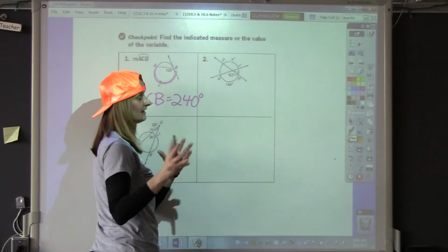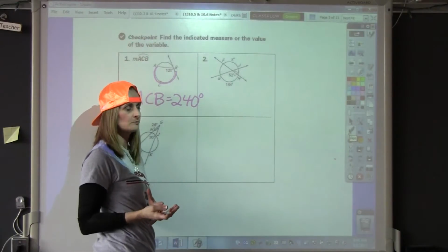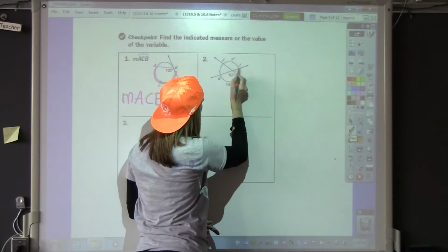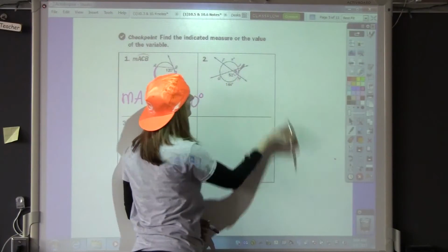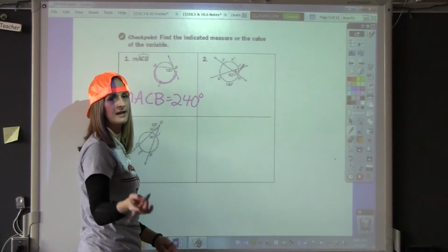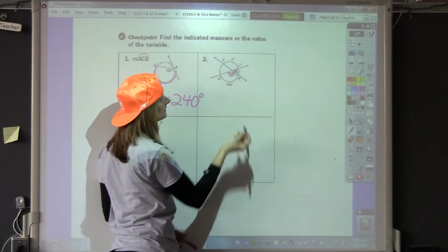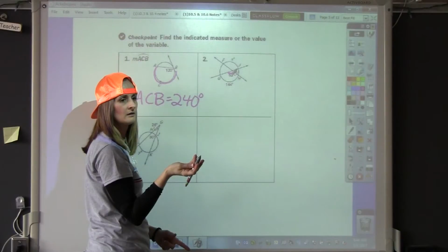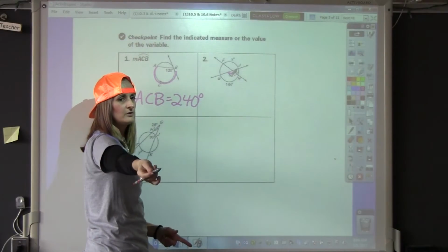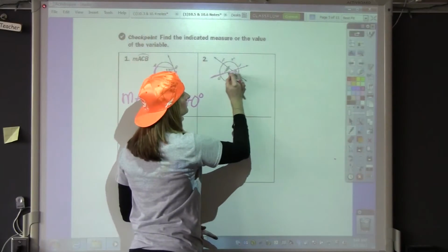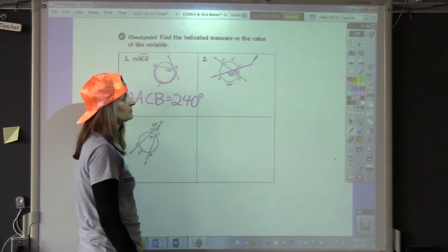We can use that 52. There is a little arrow. It's kind of hard to see, but this angle right here is 52 degrees. But can't we use that to get the angle that we need? Daniel, you told us how to do that earlier. 180 minus 52, because this is a straight line.